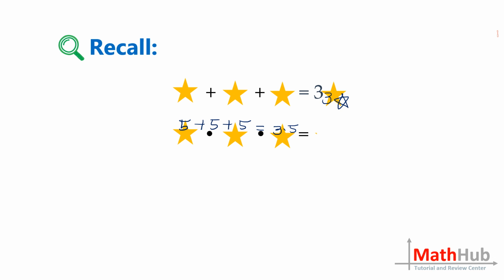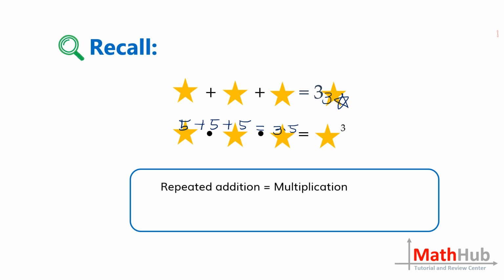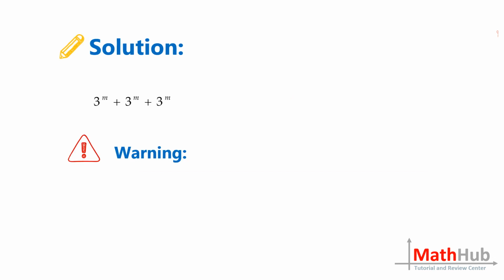It's equal to star cubed. So my point here is that repeated addition means multiplication, and repeated multiplication is the same as raising it to an exponent. Alright, so let's go back.